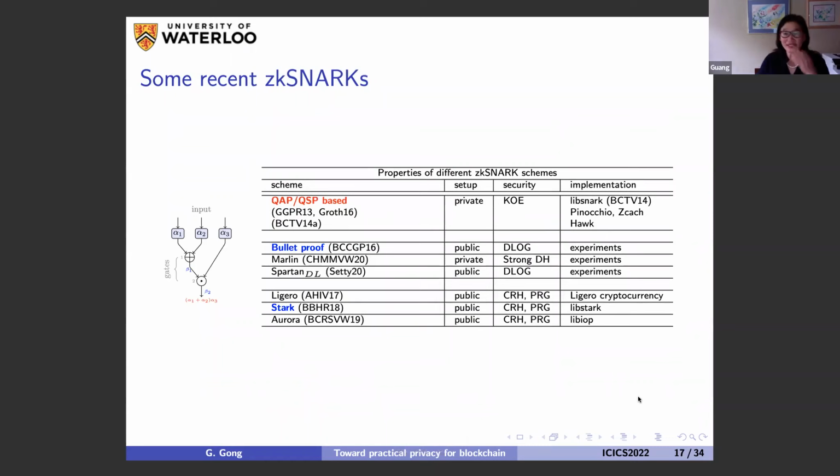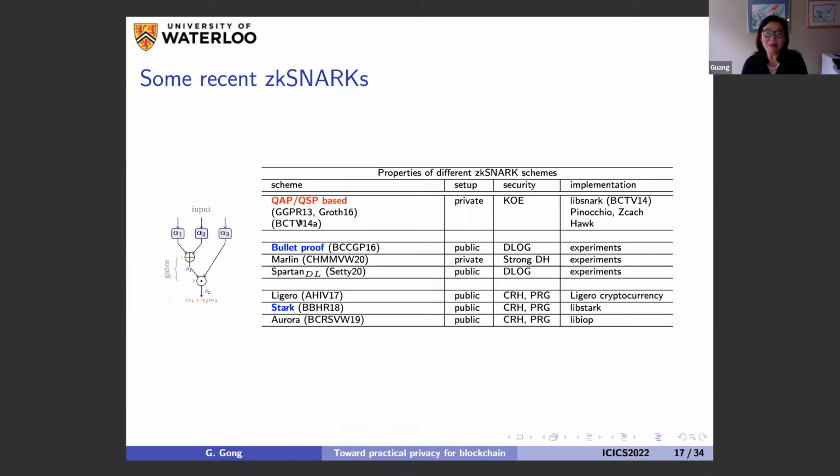Okay, so this is some recent zkSNARKs. For example, right now we think you already have your circuit. Then the earliest ones, which are already in practical systems, are QAP or QSP based.